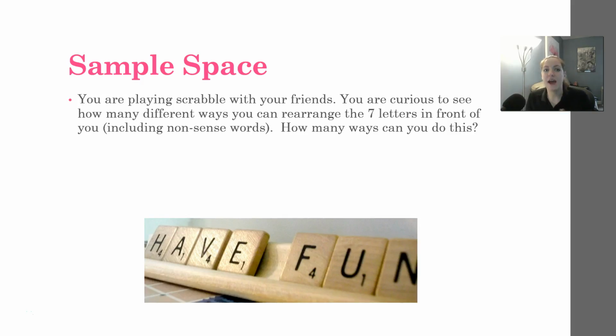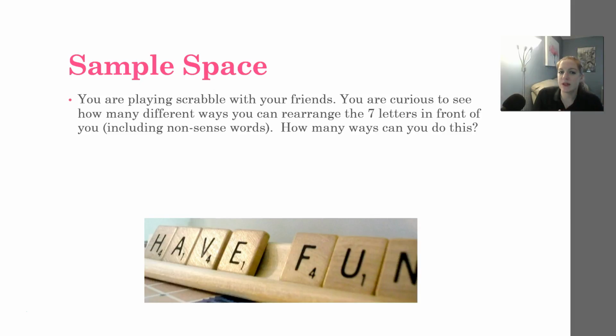Now, when we're talking about sample spaces, it's great to be able to write out the sample spaces to see the possible outcomes, but sometimes there are just too many outcomes in our problem. So we need a different way to figure out how many outcomes there are.